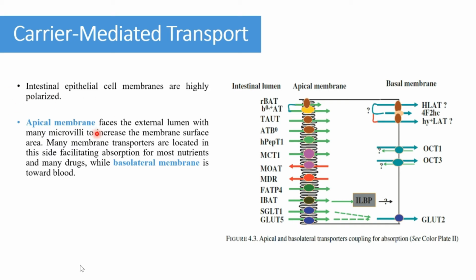The apical membrane faces the external lumen with many microvilli to increase the membrane surface area. So many membrane transporters are located on this side, facilitating absorption for most nutrients and many drugs, while the basolateral membrane is toward the blood circulation here.